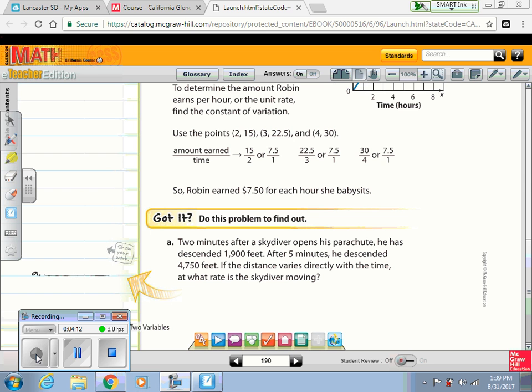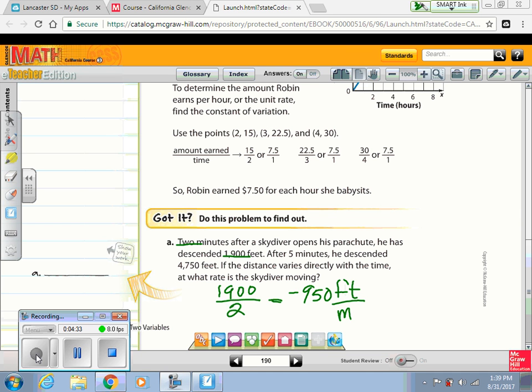So, if the skydiver is falling 1,900 feet in 2 minutes, and actually he's going down, so it's going to be a negative 950 feet per minute.